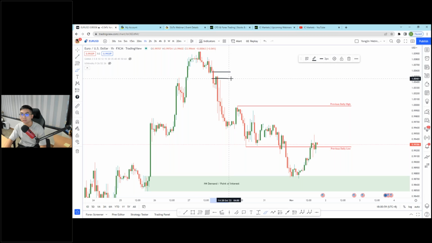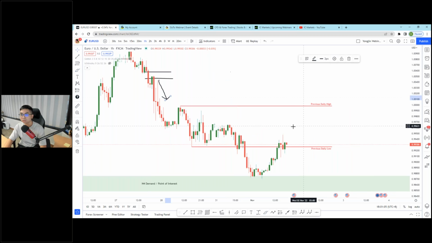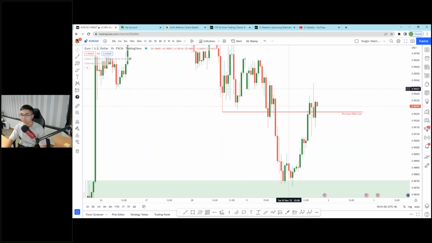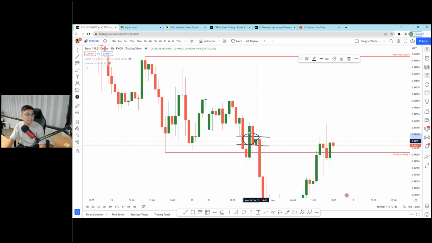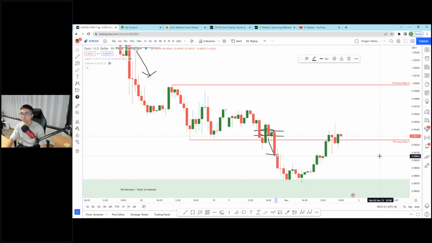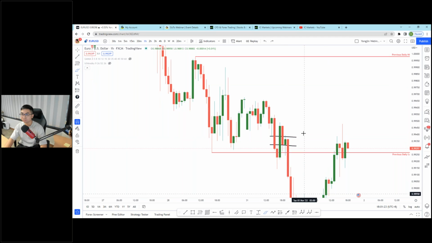Price went back up to clear it, before it continued downwards. Same goes to here. Zooming in, market imbalance right here at this area. So price went up, tapped into my sell entry, and it continued downwards towards my points of interest.